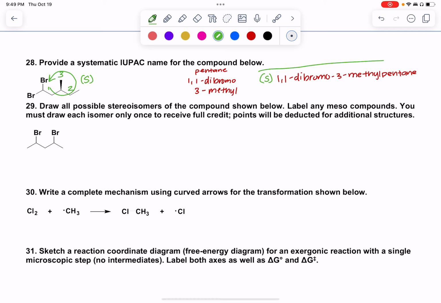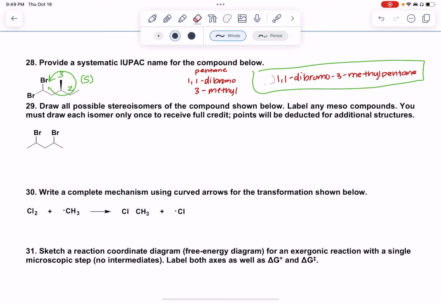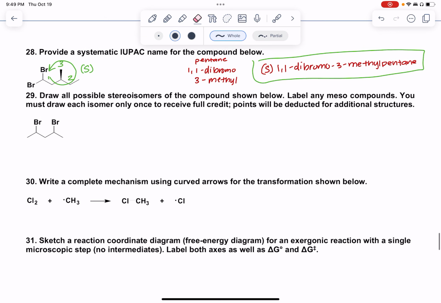And this is the name. This is the proper name. Put the S. And you may even want to, I don't think you have to, but you may even do that. I think that's plenty. That's just fine.